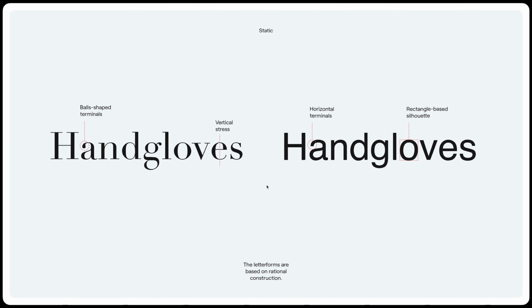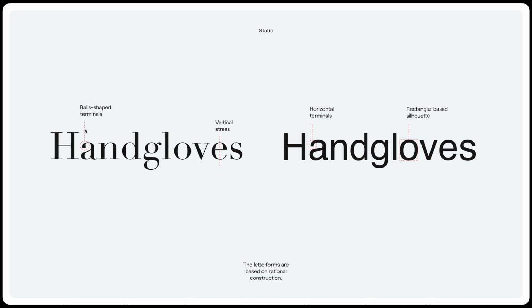When it comes to static, this is again the next step closer to geometric. So now you have geometric shapes, which is like a rectangle for the sans serif. You have vertical stress for all of the letters, or for most of them.